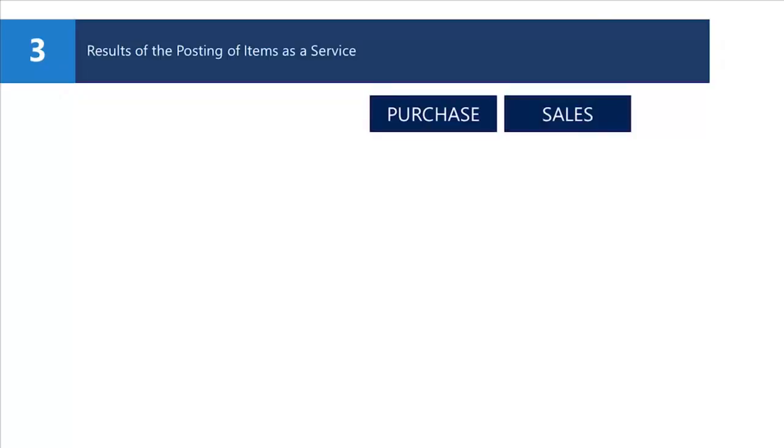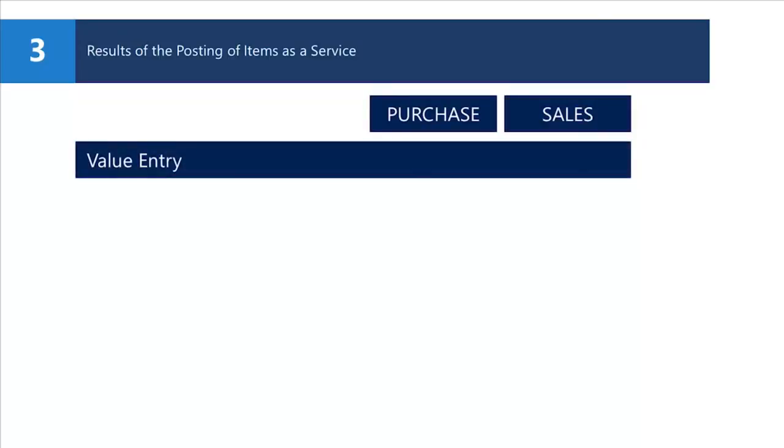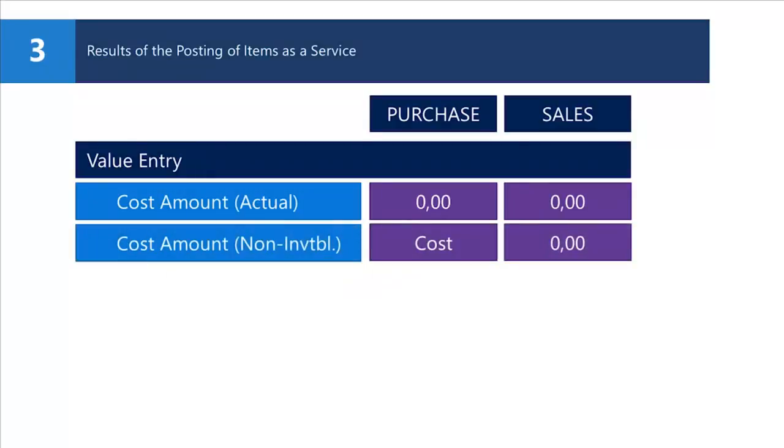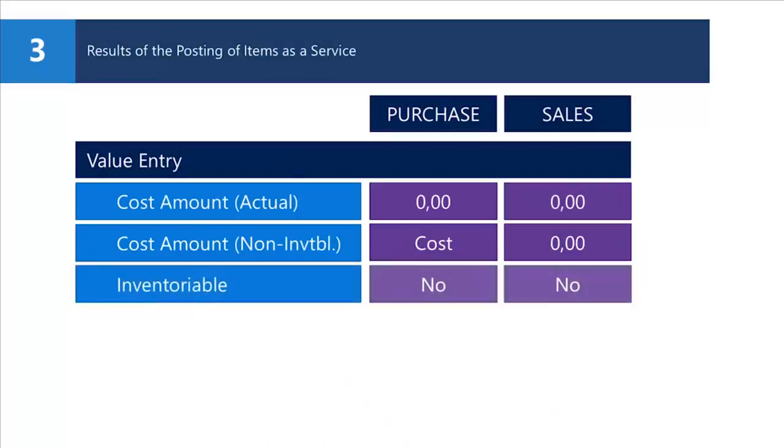When we look at the value entry, we can see the following. We will have no value in cost amount actual in both cases, but in cost amount non-inventoriable we will have the purchase cost in the purchase case and 0 when we post sales. In both cases we will have no in the inventoriable field.